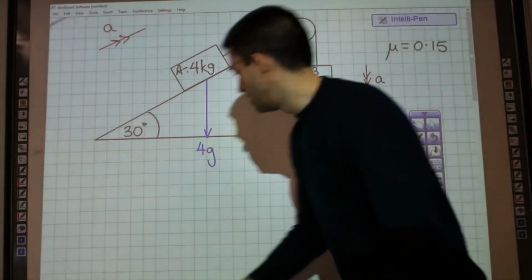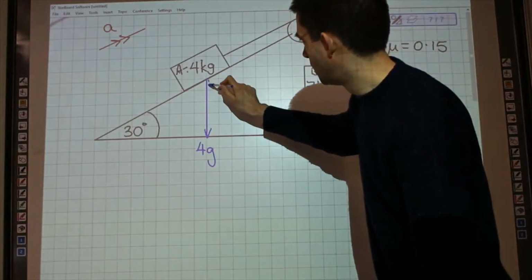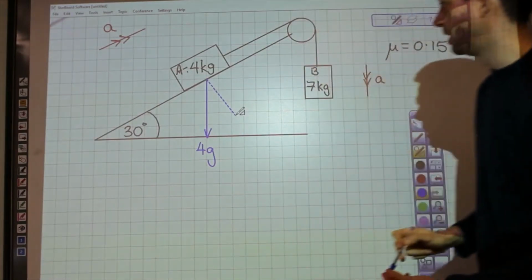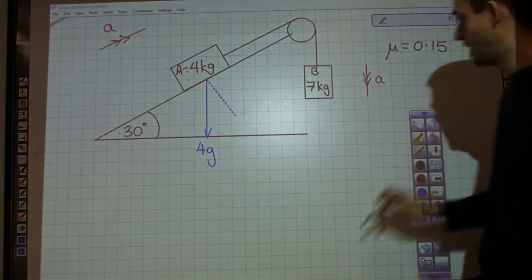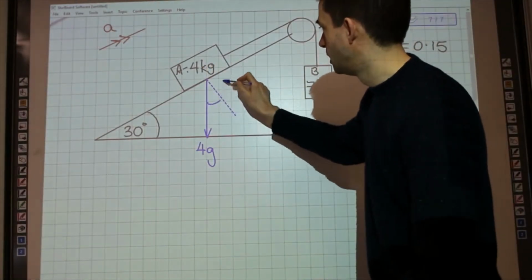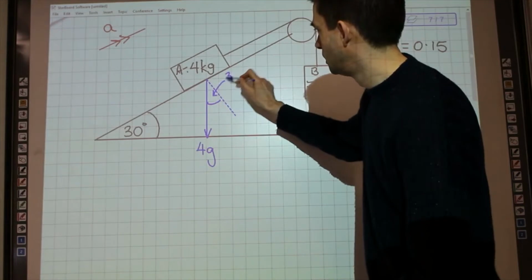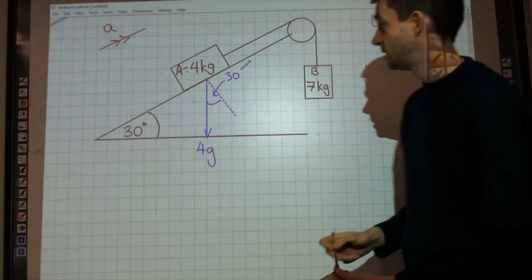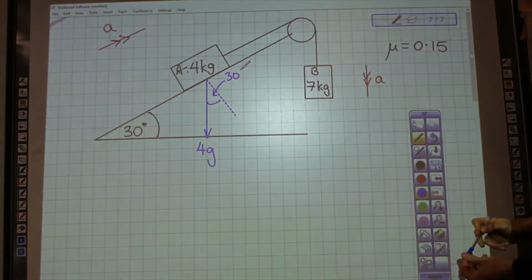Now, remember what I said in the first video: whenever you've got a force in this situation that's not acting parallel or perpendicular to the plane, you draw in a little dashed line, and the angle you create between the dashed line and the force will be the same angle as you've got there. So in this case, 30 degrees.